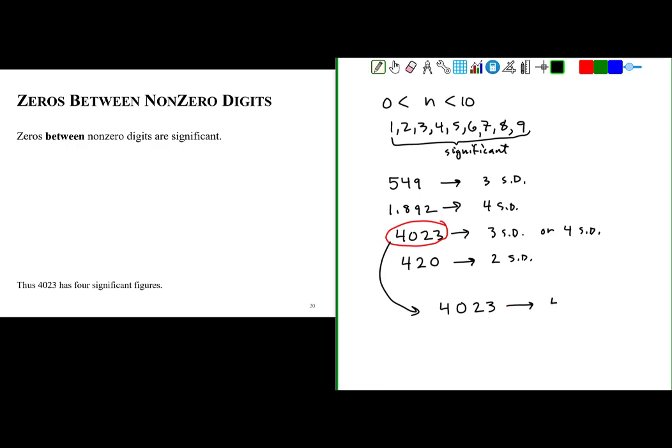So this number does have 4 significant digits. If we had the number 1.017, that 0 appears between a 1 on the left and a 1 on the right, both of which are not 0. So we could say this number has 4 significant digits as well.